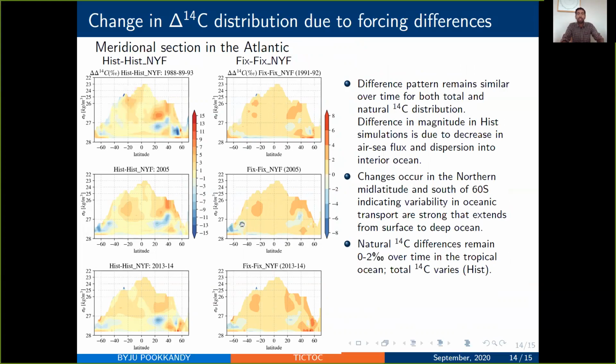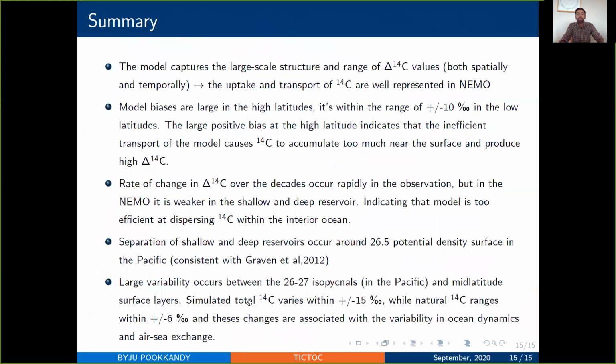And the natural C14 difference remains 0 to 2 per mil over time in the tropical ocean. Also, the changes occur in the northern mid-latitude and south of 60 south, indicating variability in ocean transport is strong from the surface to the deep in the Atlantic Ocean.